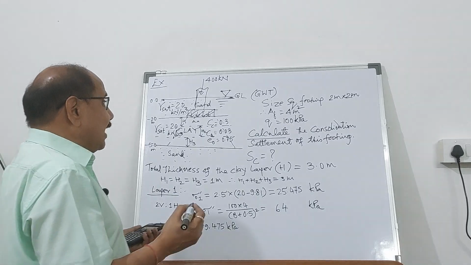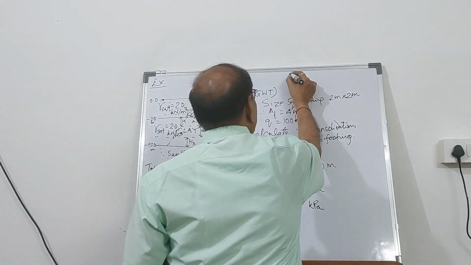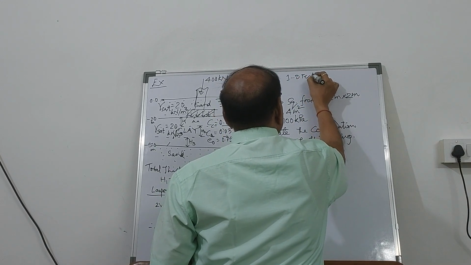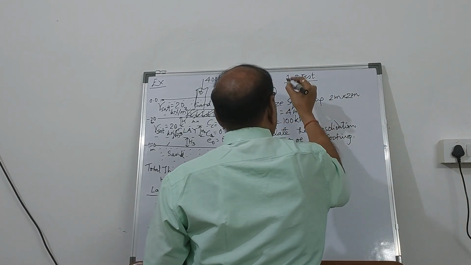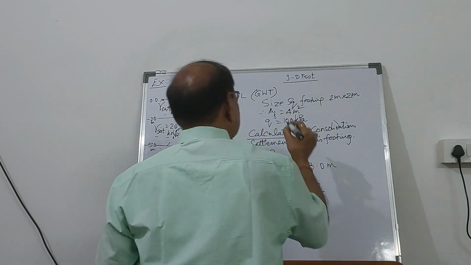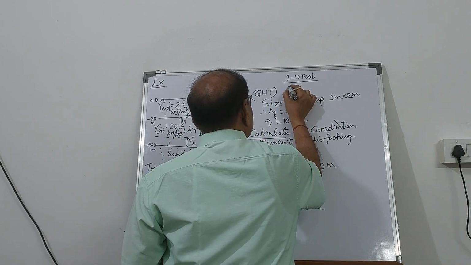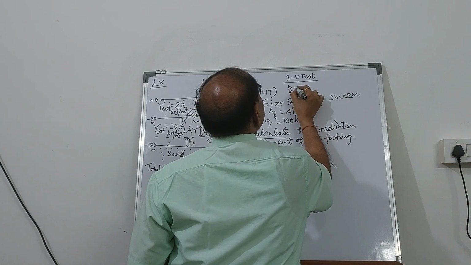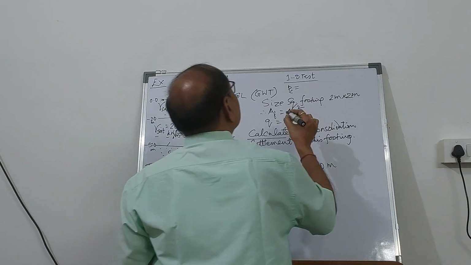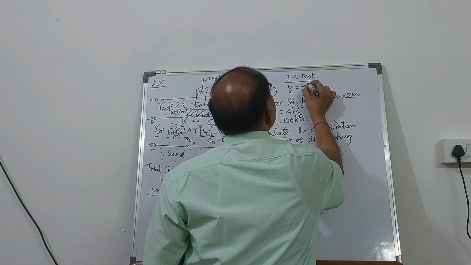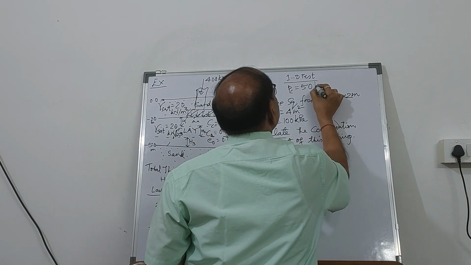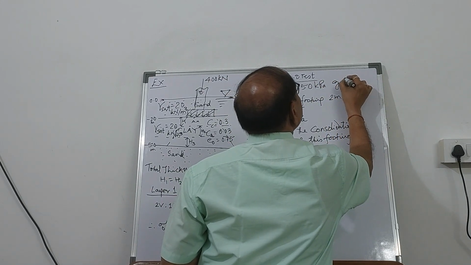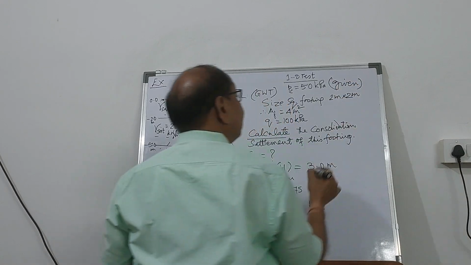Now, from the one-dimensional test, it is given in the problem, in this example, that the pre-consolidation pressure is 50 kilopascal. This is given in the example.